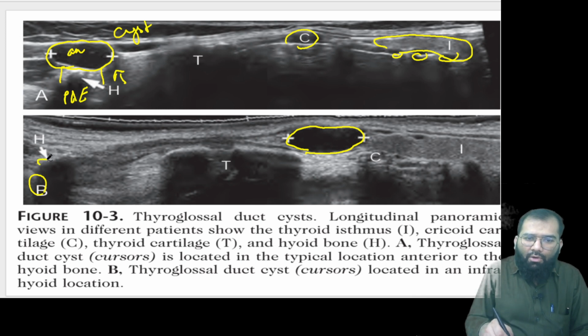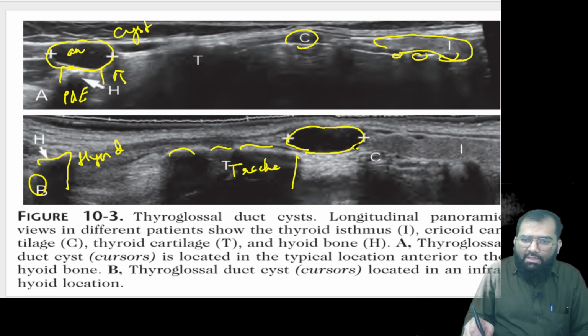So this is hyoid bone. This is panoramic view. This is tracheal cartilages. This is trachea. This is posterior acoustic enhancement of the cyst. And you can clearly see this. This is thyroid gland.